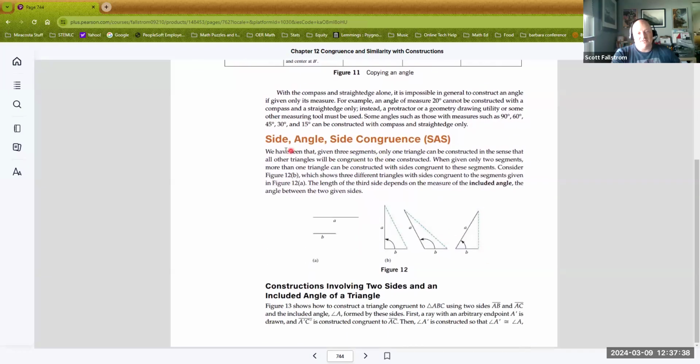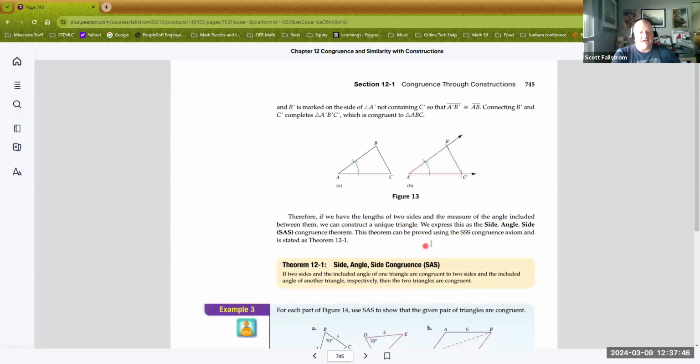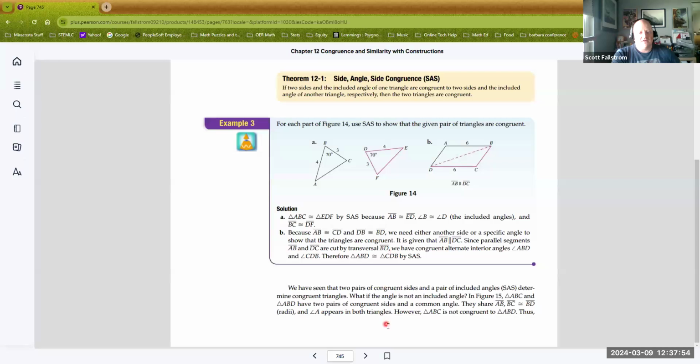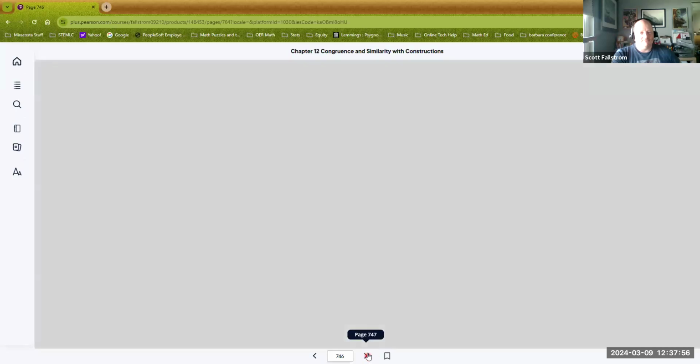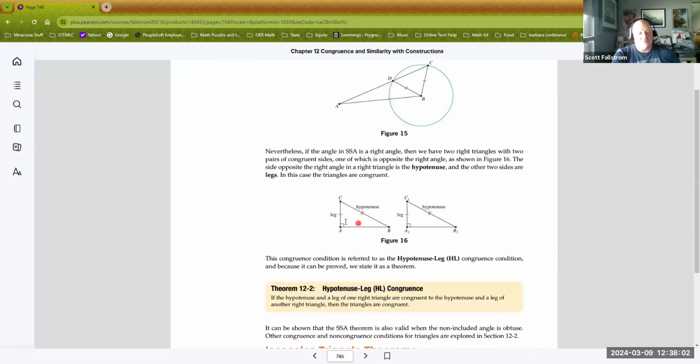Now that's going to lead us to things like side angle side congruence. And I'm not going to go through all of these components at once, but side angle side congruence is listed as a theorem because we can prove it using side, side, side. Then you have a few examples of that. In this first section, we'll also talk about a right triangle, which is a very specific type of a triangle.